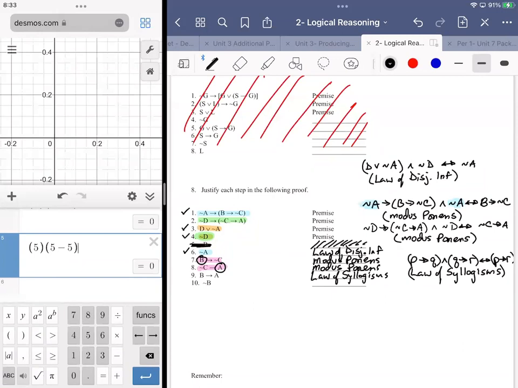All right. So the last and final would be taking 6 and 9 and putting them together.